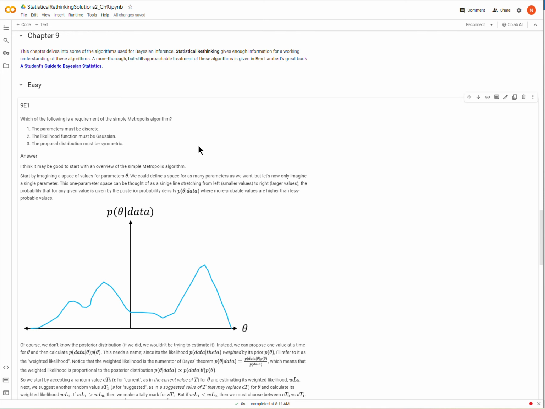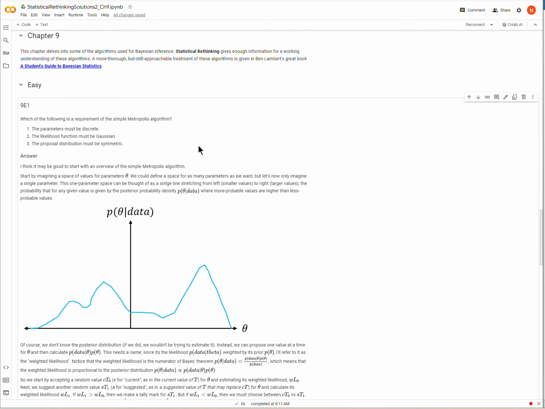To this point, all of the models that we have been working with, we've worked with the quap function in Statistical Rethinking, which is just an optimization method.